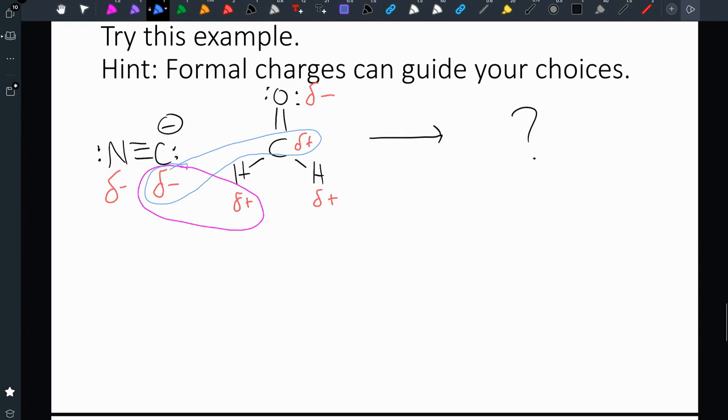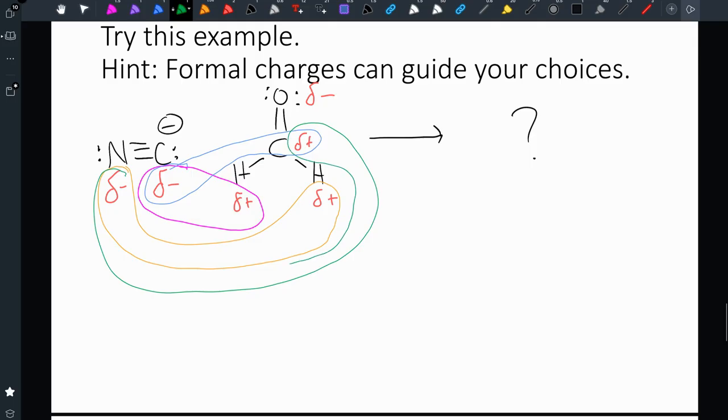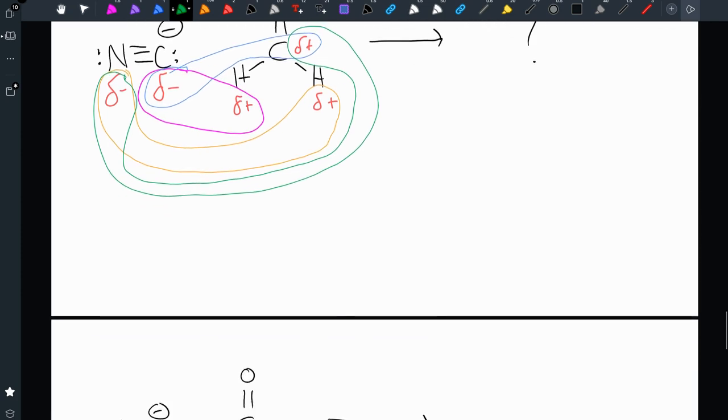I could imagine the oxygen over here with a partial negative charge, but it would be unlikely for that to go out and share with something that's already a negative ion. But I could also imagine the nitrogen donating electrons to one of the hydrogens, or I can imagine the nitrogen donating electrons to the partially positive carbon. So there's a bunch of possibilities. Let me explore some of those.